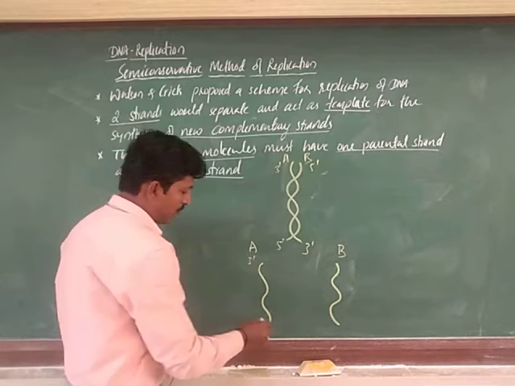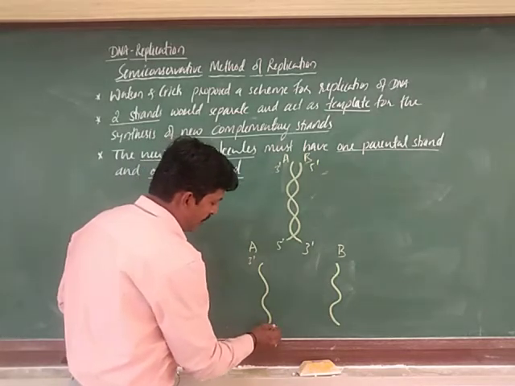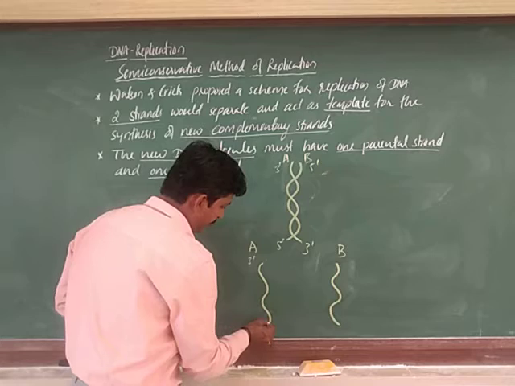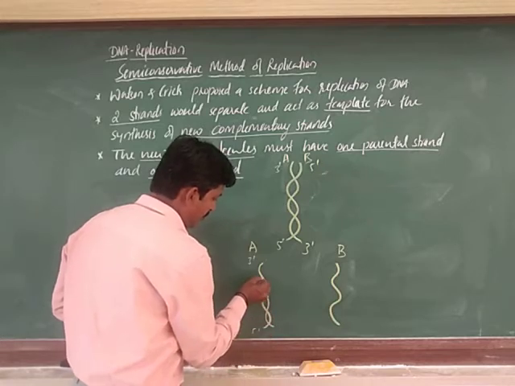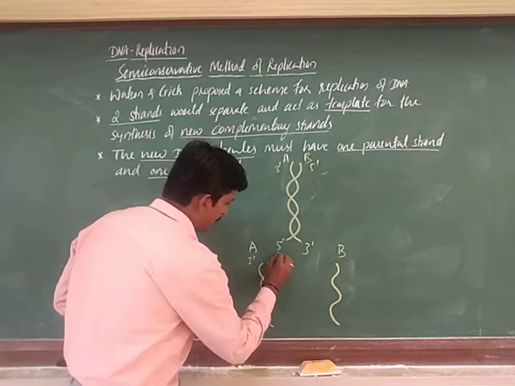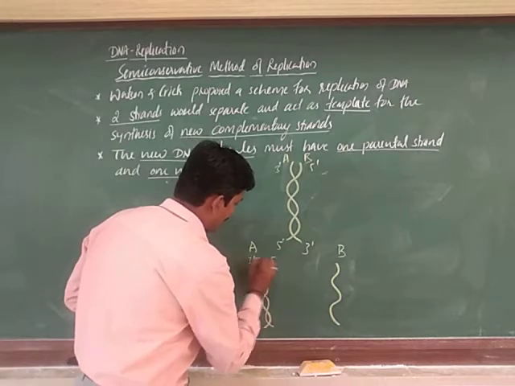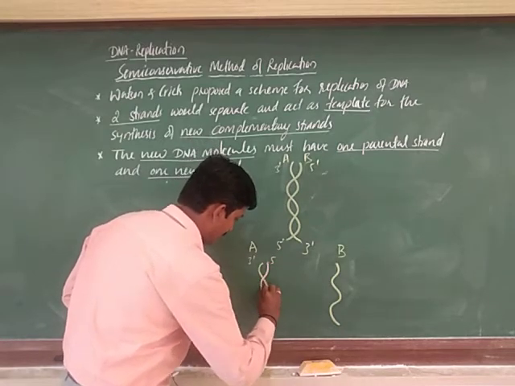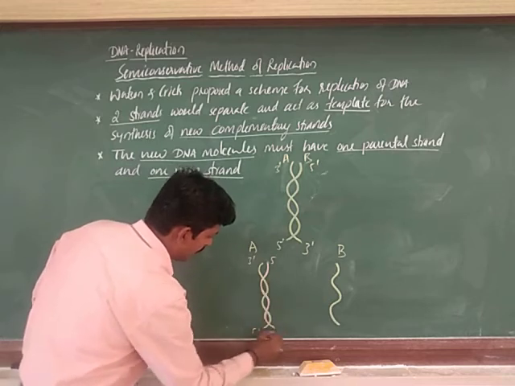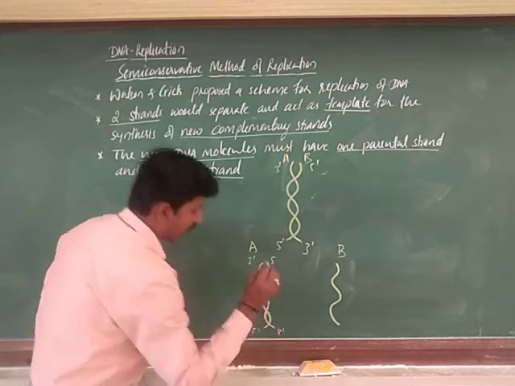So, the new strand is always formed from this end. This is the fifth end, and opposite to this one is the third end.